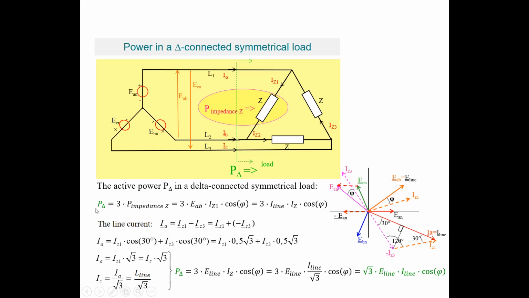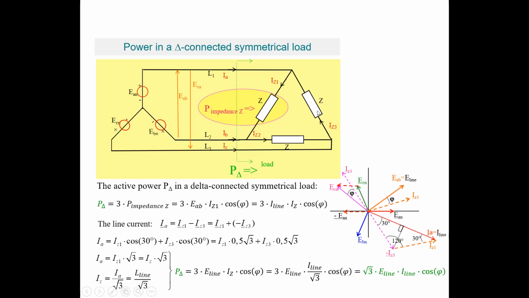So again, we see that also the power in a delta connected system is equal to the square root of 3 times the line voltage E line times the line current I line times the cosine of phi, so times the power factor, which is completely the same expression as in a Y connected symmetrical load.